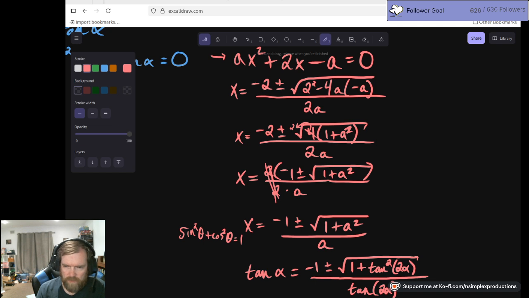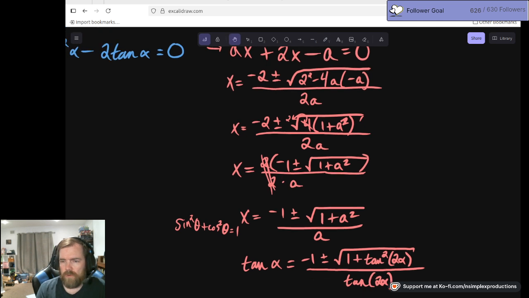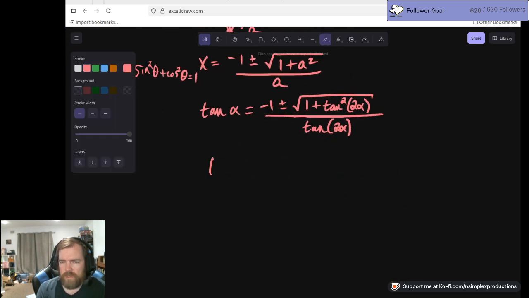Just to make sure, right? Tangent squared plus 1 is equal to secant squared. Cool.